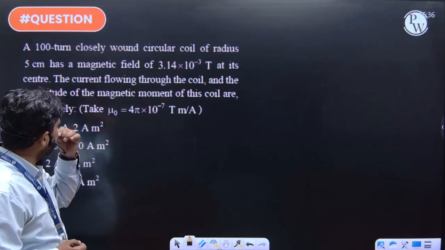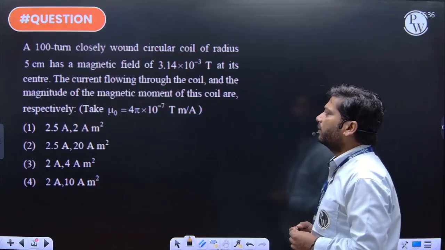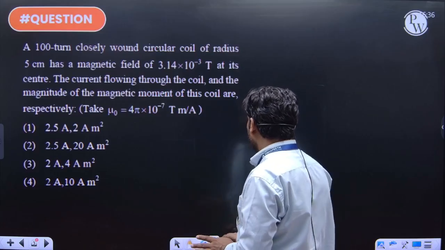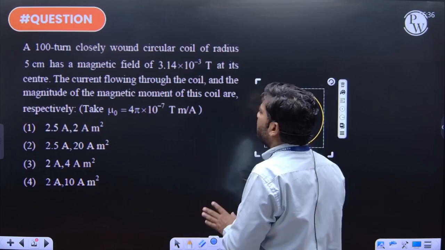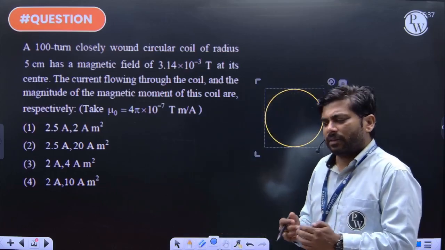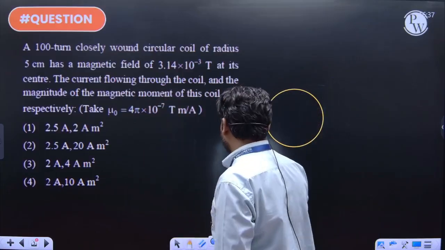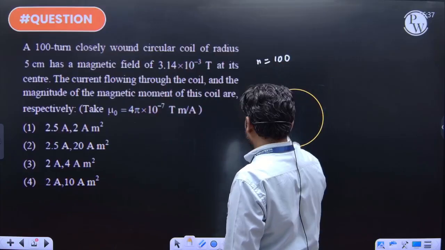First one is a 100 turn closely wound circular coil of radius 5 centimeters. So whatever the information is given, just try to convert it and write it down, right? Like 100 turns, so N equal to 100.